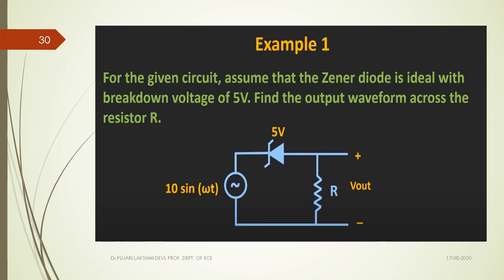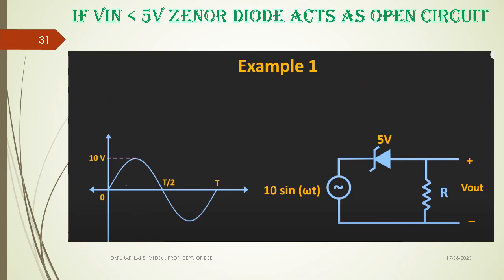In reverse bias, this is the negative terminal and this one is the positive terminal. Keeping that in mind, can you draw the output waveform? Just imagine and try to form it. This is the input waveform, Vm sine omega t, with 10 volts applied. Whenever the input waveform rises from 0 to 10 volts, this is a reverse bias voltage of 5 volts, with this the negative terminal and this the positive terminal.